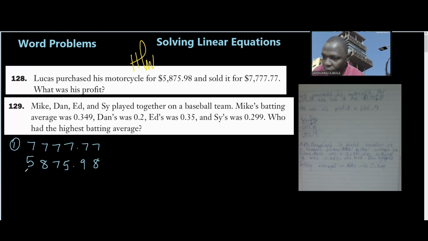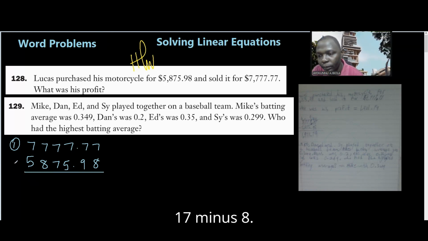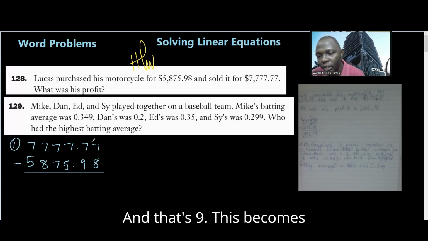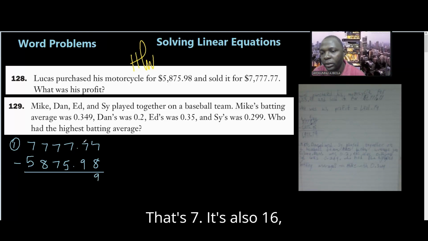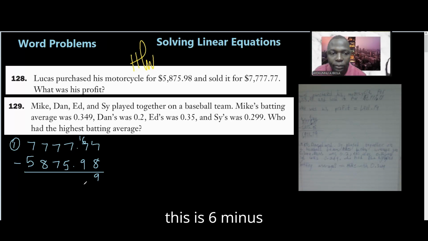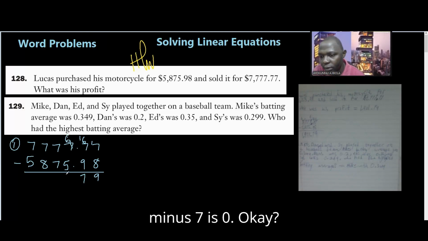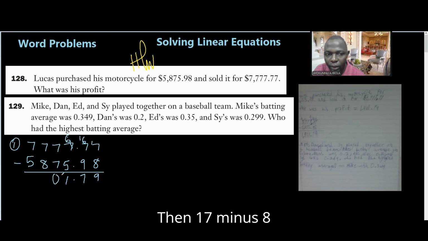This is technically requesting to know if you know about regrouping or borrowing. 7 minus 8 is not possible. That's 17 minus 8, and that's 9. This becomes 16 minus 9. That's 7. It's also 16. This is 6 minus 5. That's 1. 7 minus 7 is 0. Okay?